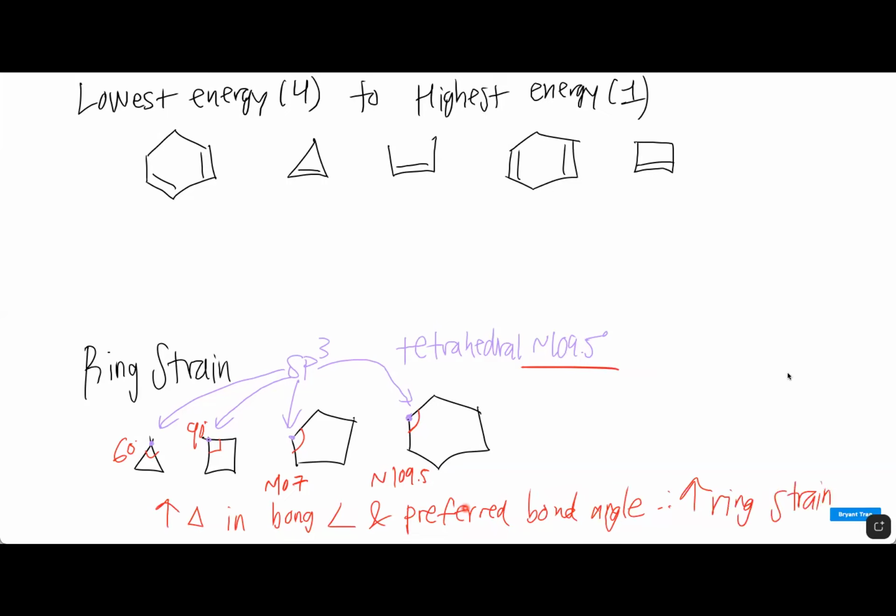And if you have increased ring strain, are you more or less stable? Less stable. And does that mean more or less energy? More energy. That's right. So that's another concept to do this type of problem.